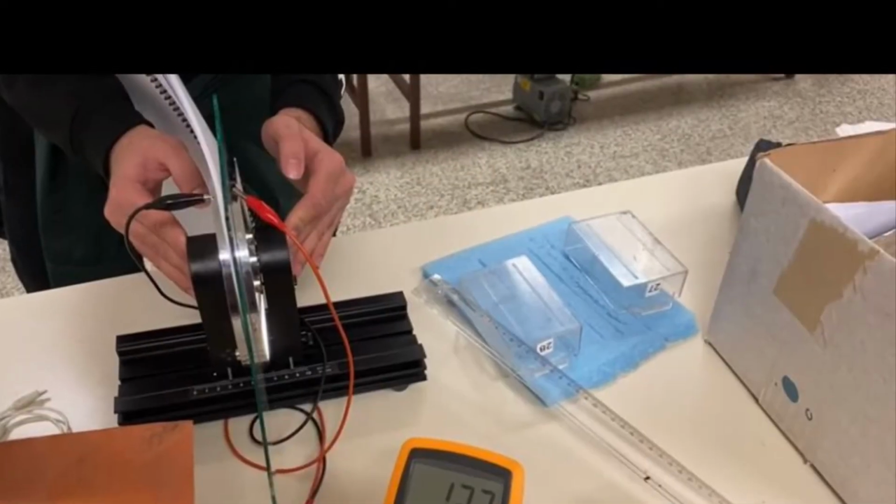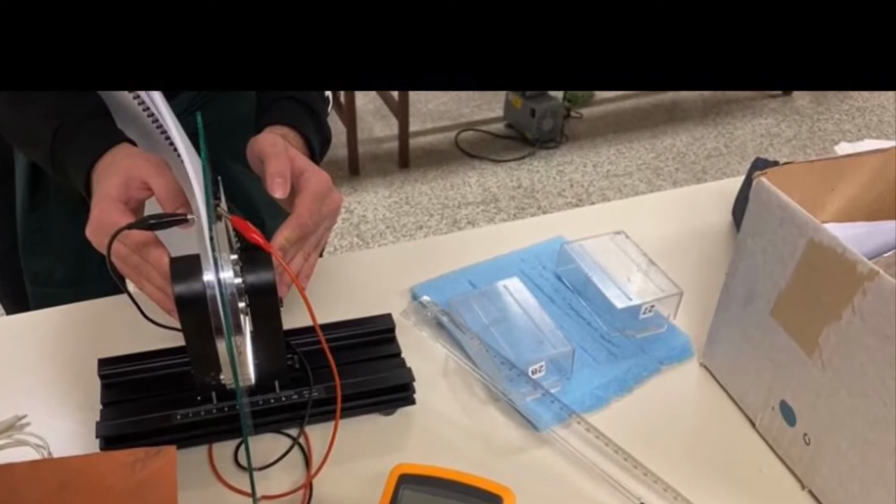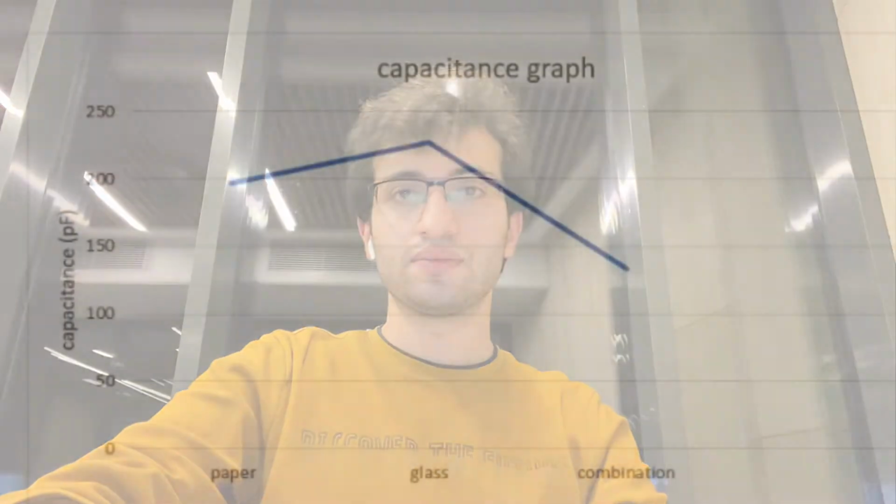Then, in the second part, I compounded the paper and glass together and put them side by side between the conducting plates. Then I calculated the capacitance of the capacitor according to equations 1 and 2 by using a multimeter. However, the other components of the formula, namely distance and area of plates, are constant.